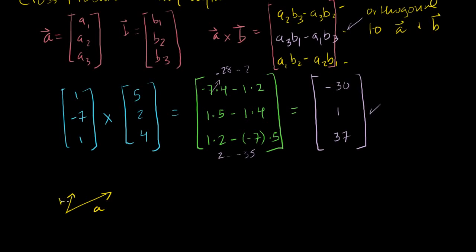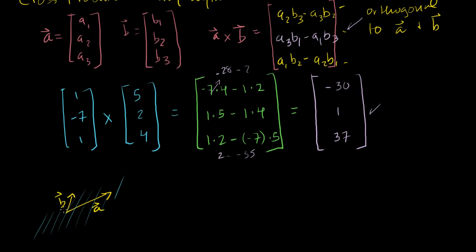Those define a plane in R3. So all the linear combinations of those two guys, that's a plane in R3. You can kind of view it as they might form a subspace in R3. That forms a plane. If you take A cross B, you get a third vector that's orthogonal to those two.